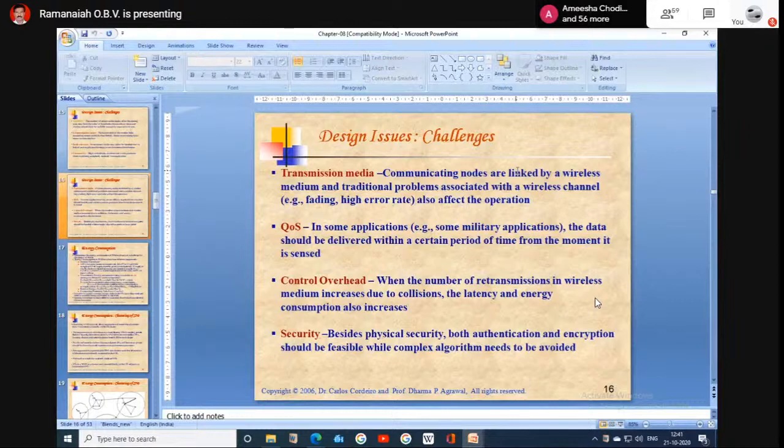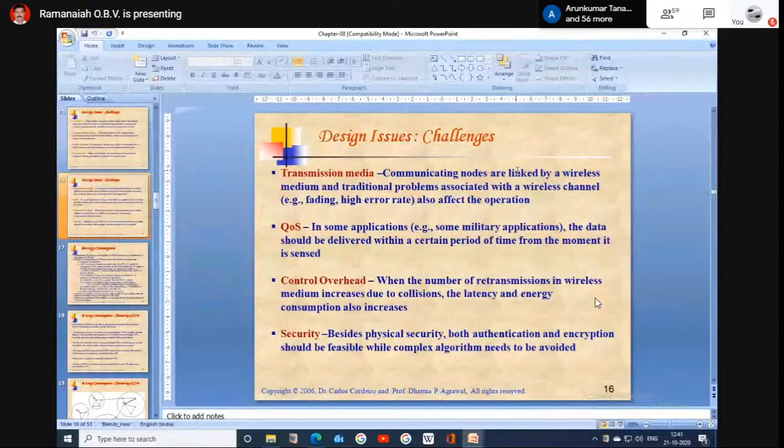Why? Usually the sensor network that is deployed for a particular application, such as surveillance, is not attended. Physically, there won't be any physical security, human security. There won't be manpower safeguarding that area. It is open, unattended.